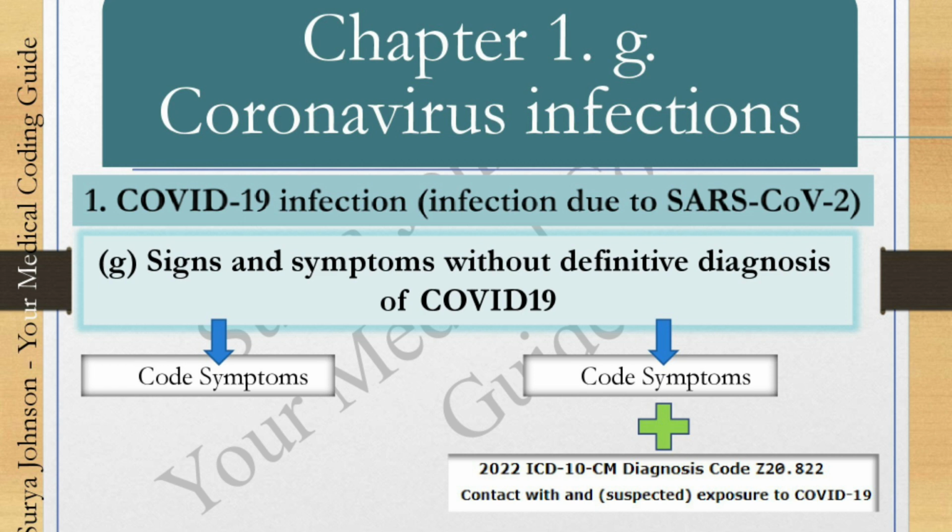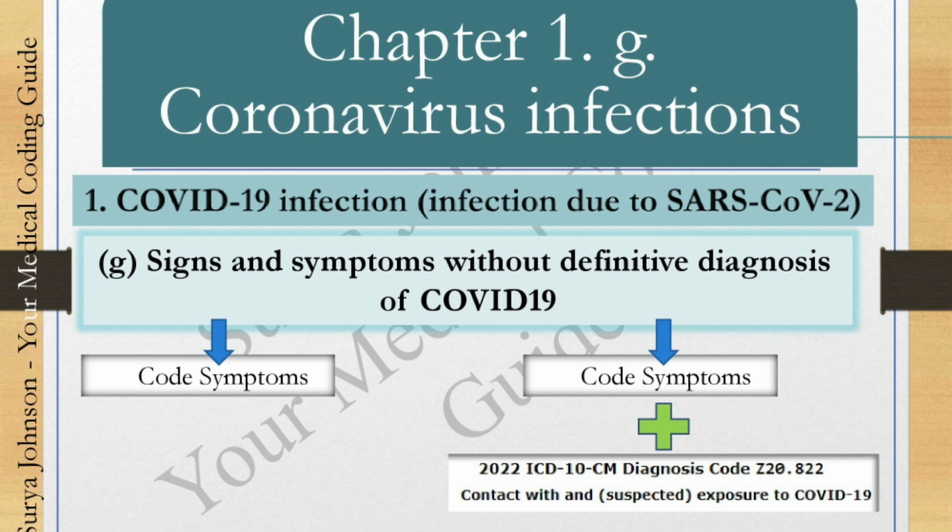So the next one here is 1G, signs and symptoms without definitive diagnosis of COVID-19. So the patient has some signs and symptoms, but the COVID-19 is not confirmed. In this scenario, you will code the symptoms, whatever symptoms like acute cough or shortness of breath, fever, whatever it is, you will be coding those symptoms. So in this case, if the patient is not suspected of exposure to COVID-19, you will code only the symptoms.